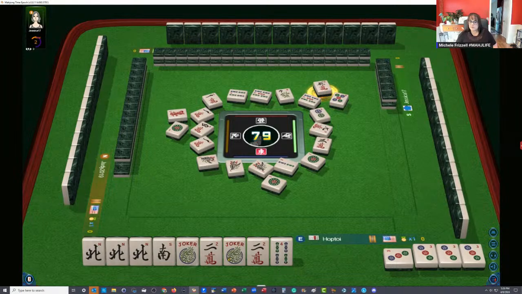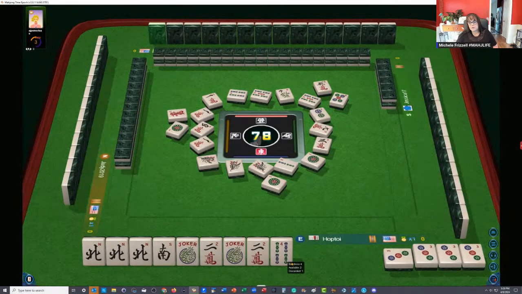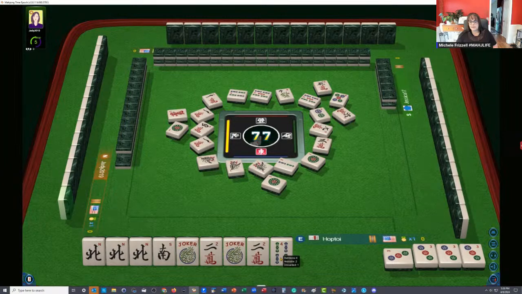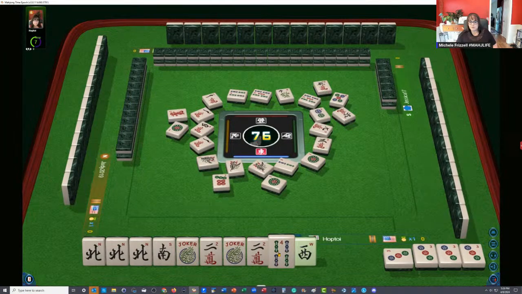If a south goes down, I would pung, and then we'd be ready to win. But there'll be a little bit more leeway. 6 characters. We probably should discard this 4 bam next and swap it out to distance ourselves from this 3 dot Kong, because we don't want anyone pegging our hand.